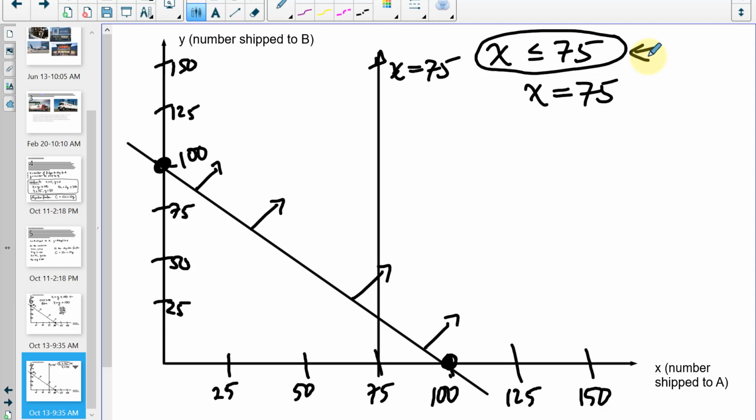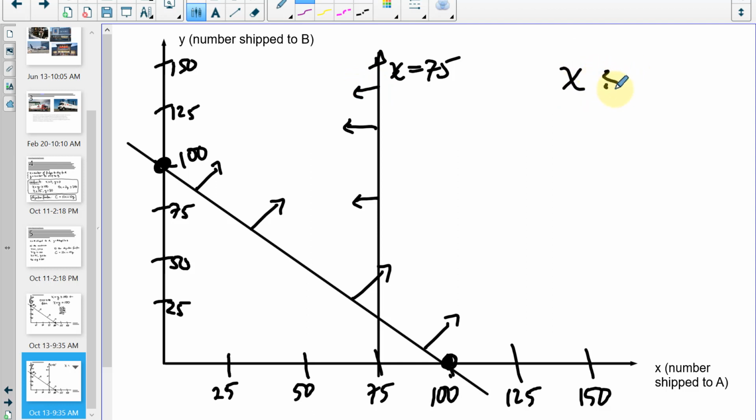Again, I could test a point, but it's pretty clear that the points that would make that true are going to be in this direction, to the left of that boundary line. We also had a further constraint that y had to be less than or equal to 80. So I can include that line now. Actually, the line is when it's equal, so this is the boundary line.